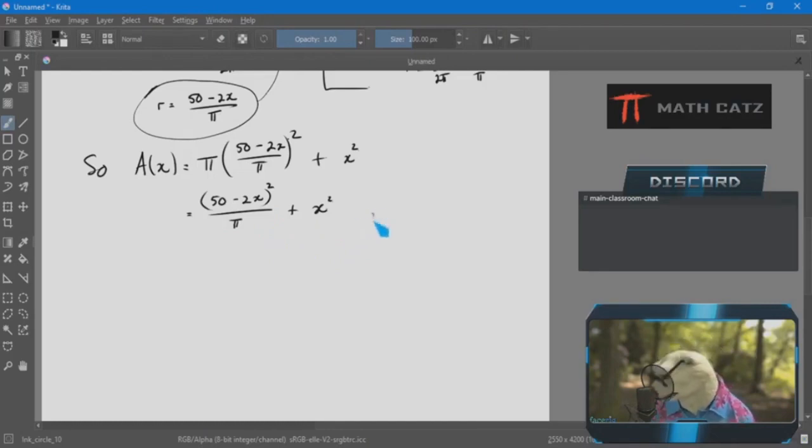Now, of course, you can remember here, now this is just depending on x, and remember that x is going to go from 0 to 25. At 0, essentially I'm getting the area equal to the area of just a circle. At 25, you see this first one falls away, that's the circle portion, and I just have the area of the square.